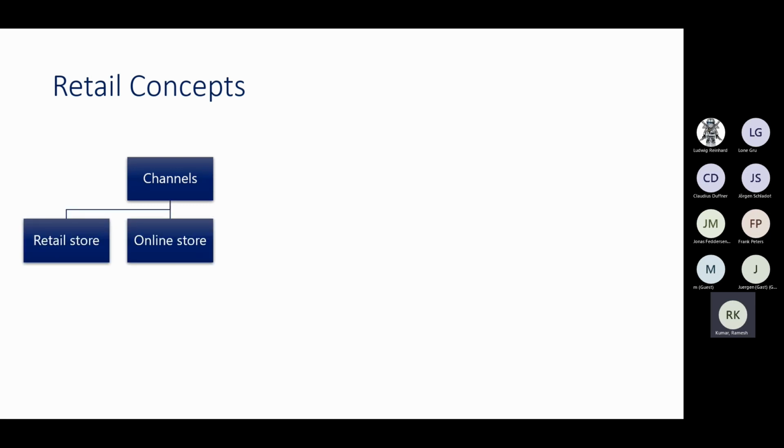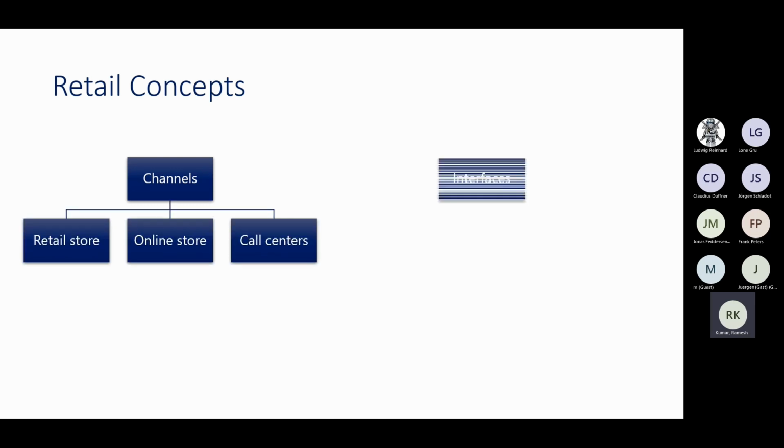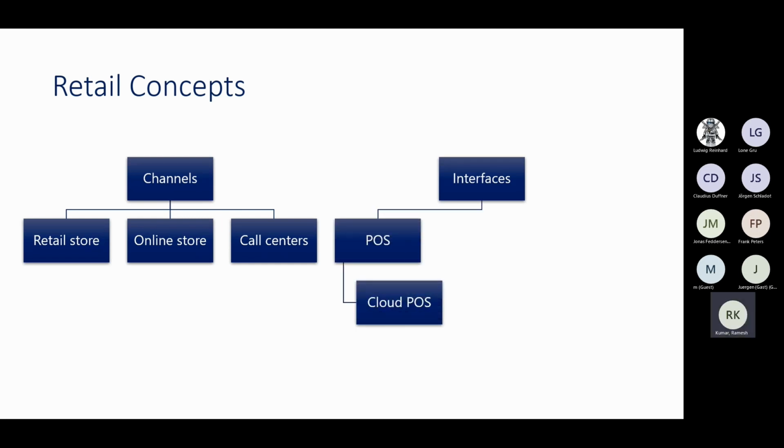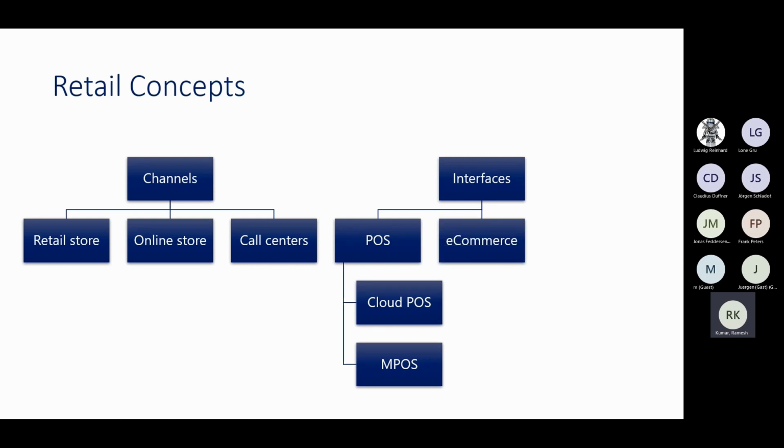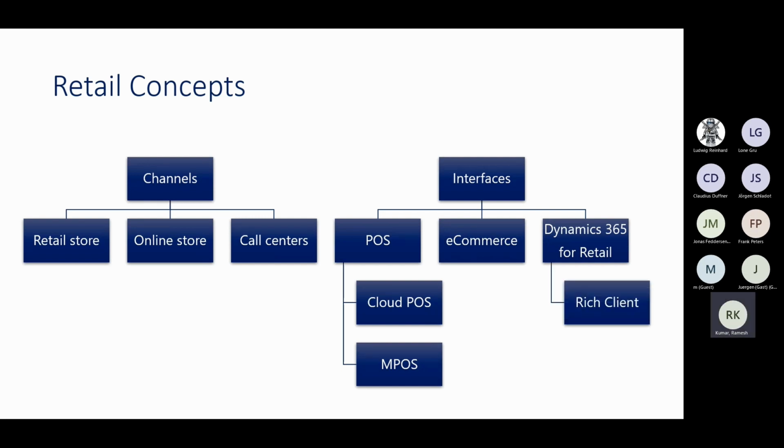So now the retail concepts. As I showed before, we have channels: retail stores, online stores, and call centers. We have the interfaces, point of sale, which can be cloud point of sale, mobile point of sale, store app, or e-commerce, or the Dynamics 365 retail solution, which has a rich client as well and workspaces.